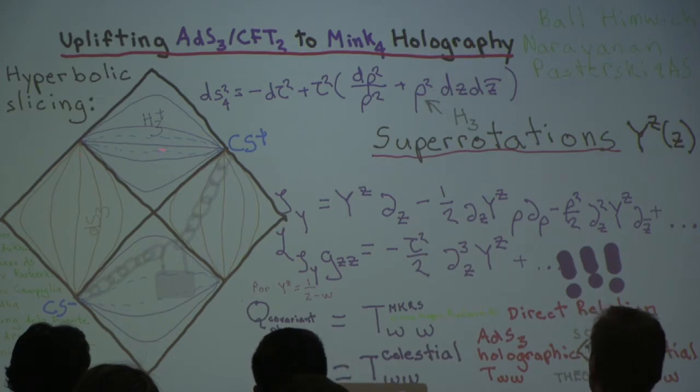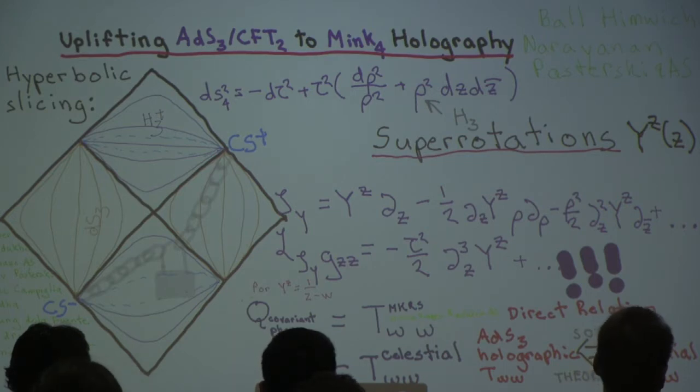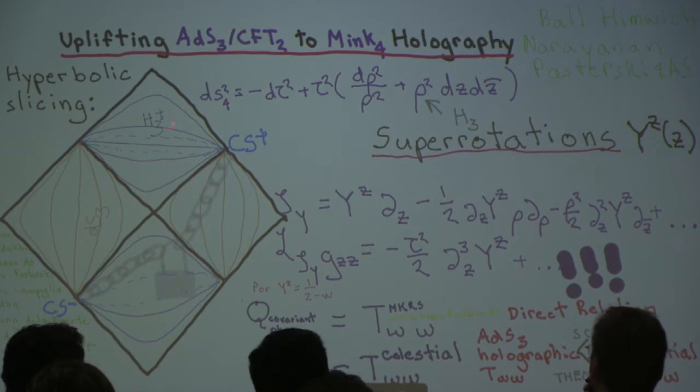And what De Boer and Solodukhin said was, okay, here's an ADS3. I know what to do when I see an ADS3. I go to the boundary. There's a two-sphere. That two-sphere is the celestial sphere. And there should be some kind of infinite dimensional conformal group acting on there. Now they said, let's think of this as a kind of non-compact compactification.